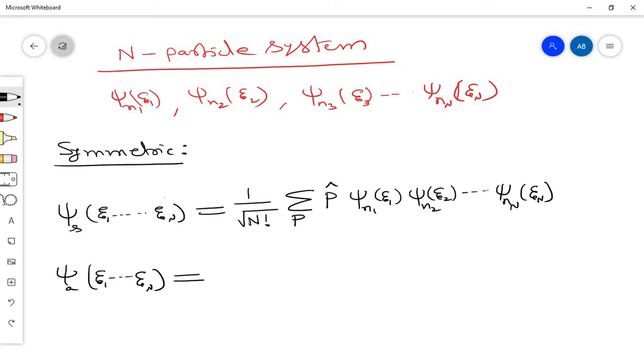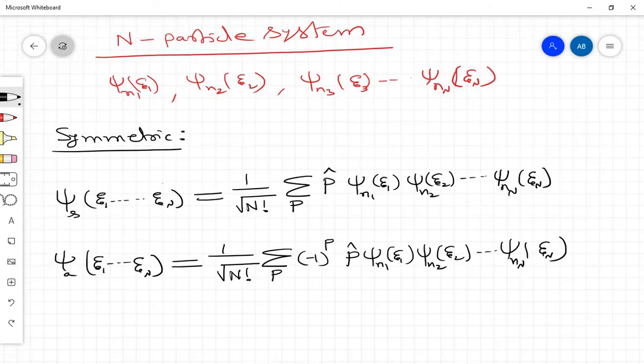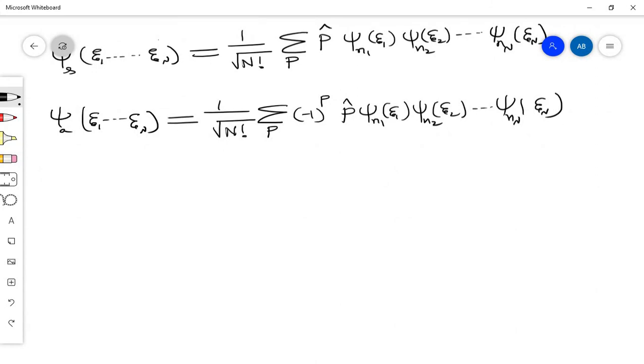It is equal to 1 by square root of n factorial, sigma P, minus 1 whole power P. So do all the permutations: P cap psi n1 E1, psi n2 E2 and so on, psi nn En. We can represent this in the form of a determinant also.